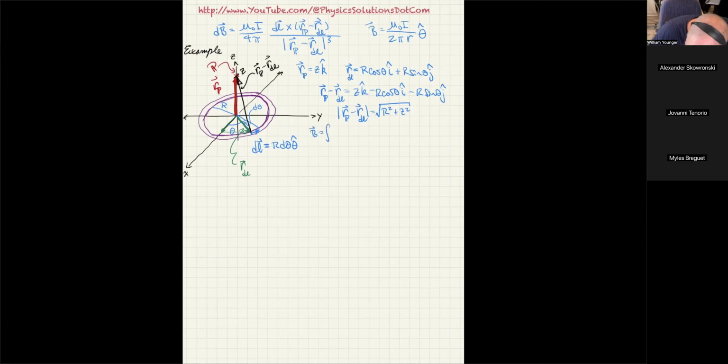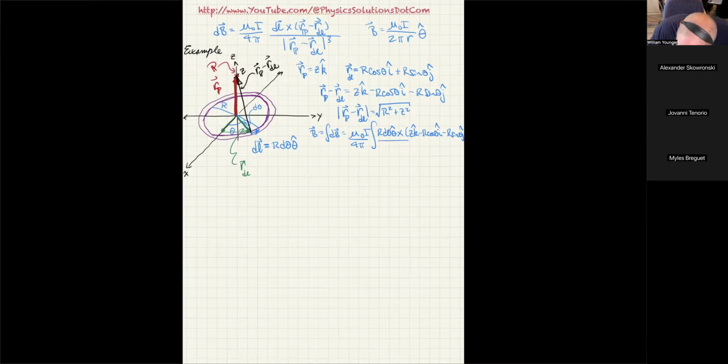So B is equal to the integral of dB, which equals mu 0 I over 4 pi times the integral of, now we write dl, which is r d theta theta hat, and I'm crossing that with RP minus RDL, which of course is z k hat minus r cosine theta i hat minus r sine theta j hat.